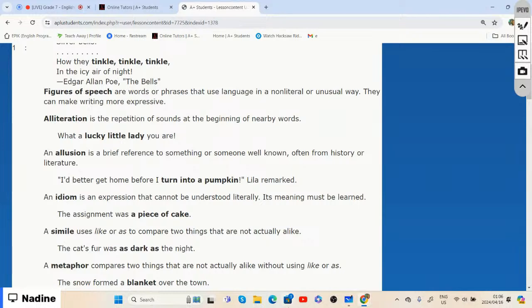All right. And when it comes to figures of speech, they make writing more expressive. It's like me expressing myself through the type of language that I'm using. Then we have alliteration.